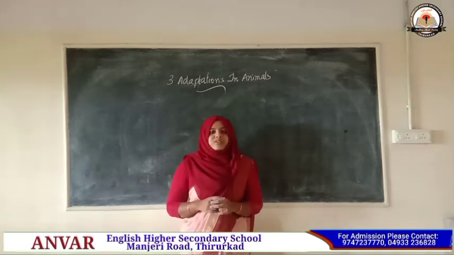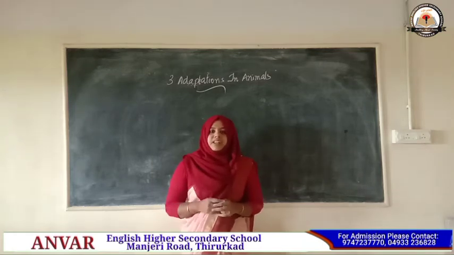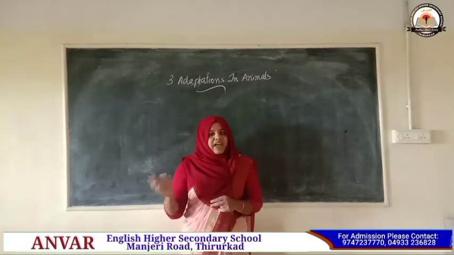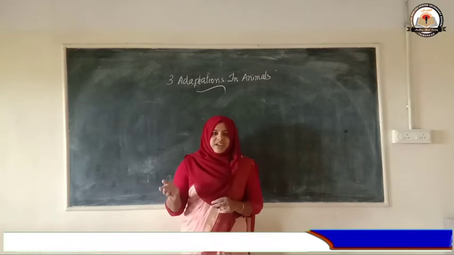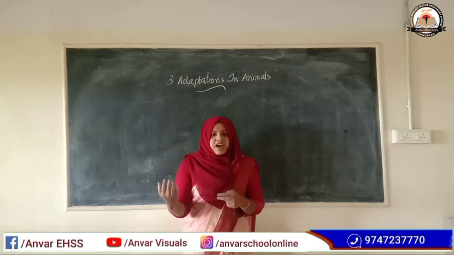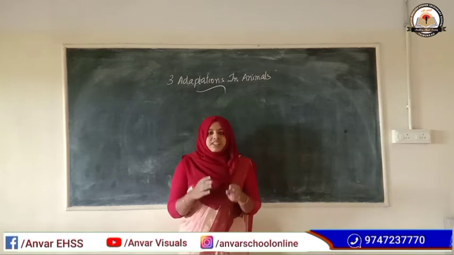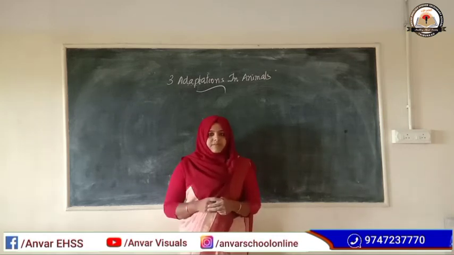That particular process of adjustment with the surroundings in which an animal lives is called adaptation. That we have already studied in plants, isn't it? Adaptation is a process in which animals adjust with their surroundings. Then only they can survive in that surrounding. Otherwise, they will die.